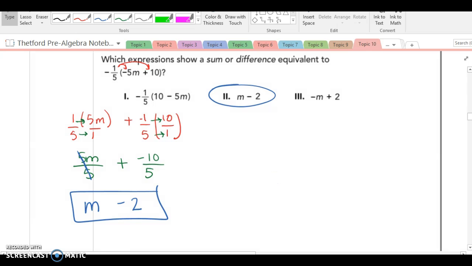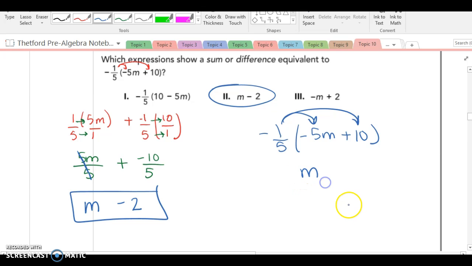If you are somebody who doesn't feel like they need to show all of this work because you understand multiplying fractions, I think of it as the same exact thing, except the way that I think about it is a little different. So I just take 1 times 5, which is 5, and 5 divided by 5 then is just m.